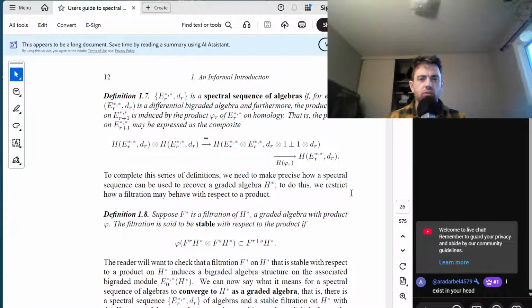Oh, so we're saying you could define those products separately, but they just need to be compatible in the sense of homology, at the level of homology, if I'm understanding this correctly. Holy moly. So the product on homology can be expressed as this. Right. Okay.